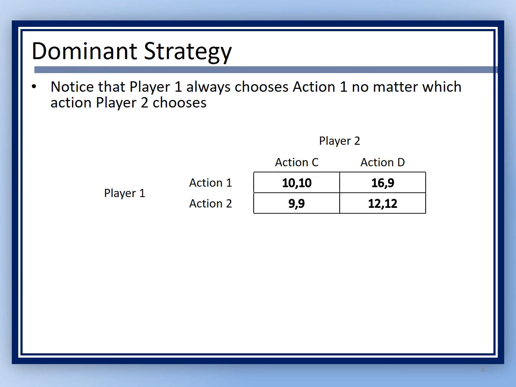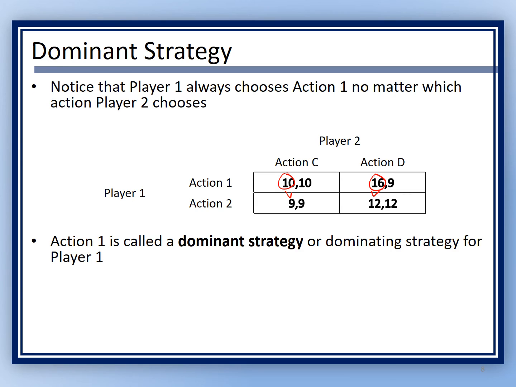In this case, as I have already indicated, player 1 always chooses the same action because it's better. This is called a dominant strategy. Okay?